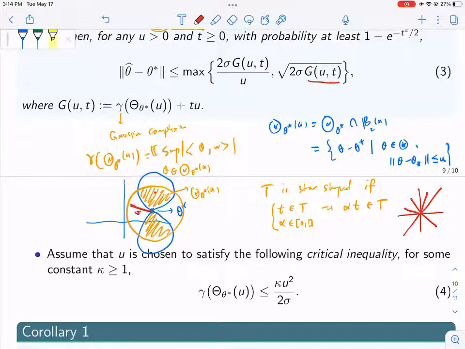You can try to optimize. And it turns out that the best choice is just to set the two equal. So the u that sets them equal gives you the smallest possible solution.